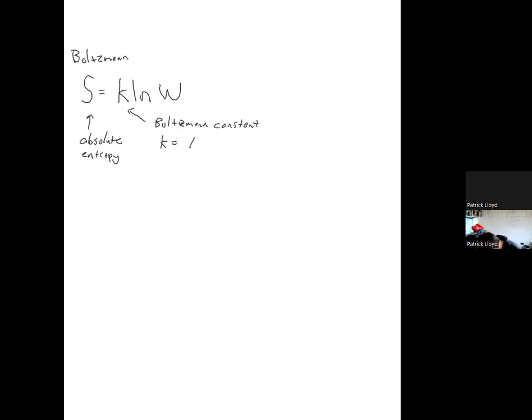It's 1.38065 times 10 to the negative 23. Notice the units are joules per Kelvin. So these are energy units, right? These are joules. And then this is Kelvin, which is a temperature, right?